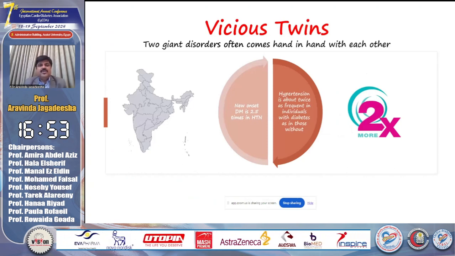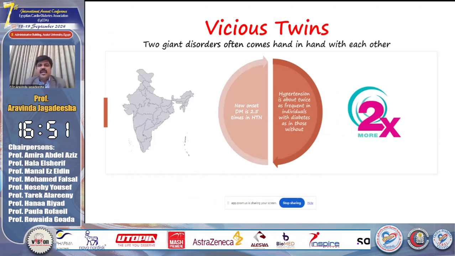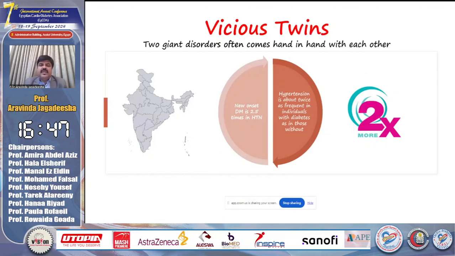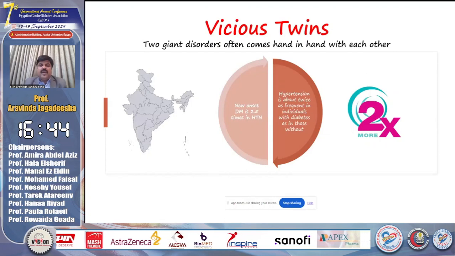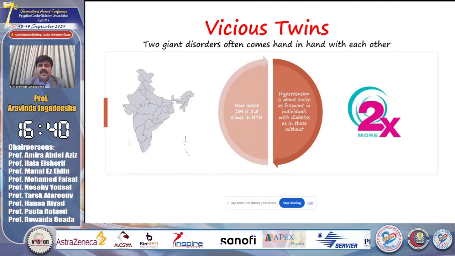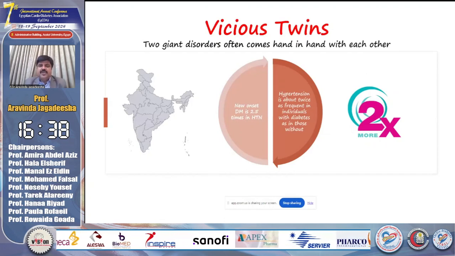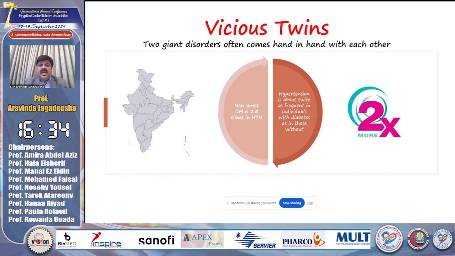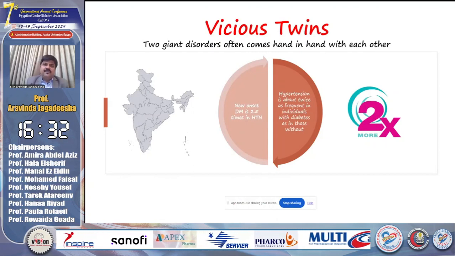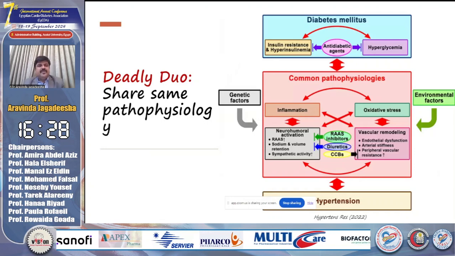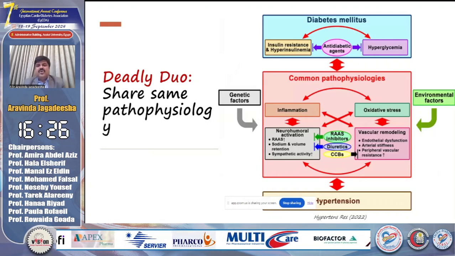The two giant disorders often come hand in hand with each other. The new onset diabetes is 2.5 times in hypertension. On the right-hand side, you can see hypertension is about twice as frequent in individuals with diabetes as in those without. So the deadly duo, diabetes and hypertension, share the same pathophysiology.